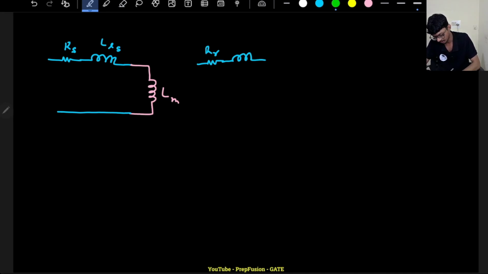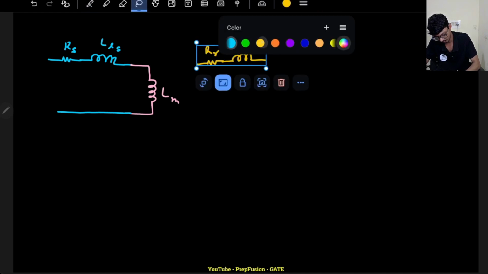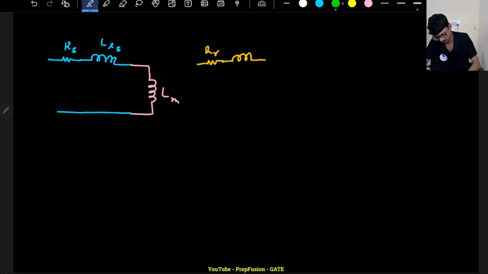So here I will draw this in a different color actually. This will be the flux of the stator that will not link the rotor, and here I will have a leakage reactance of the rotor that will not link the stator.